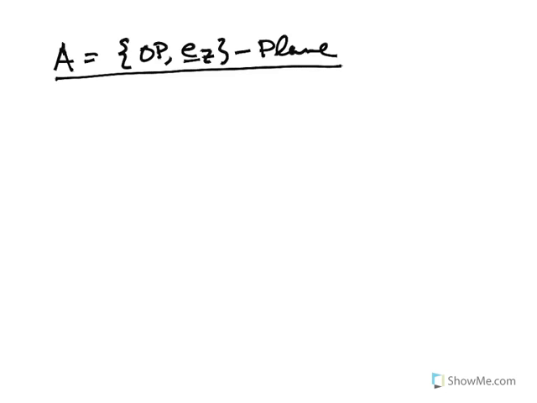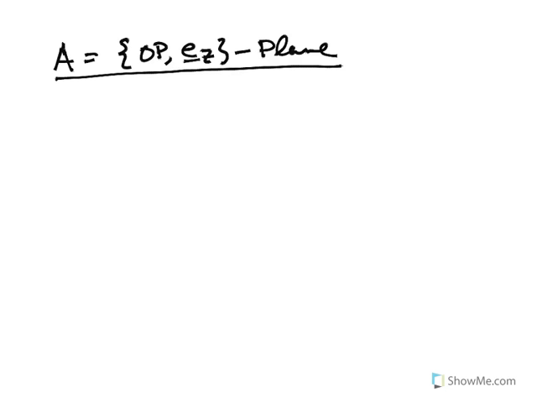The third frame is going to be the plane, I'm going to call it A, and it's going to equal the OP EZ plane. Remember that a reference frame consists of at least 3 non-collinear points whose distance from one another is constant, and 3 non-collinear points define a plane.